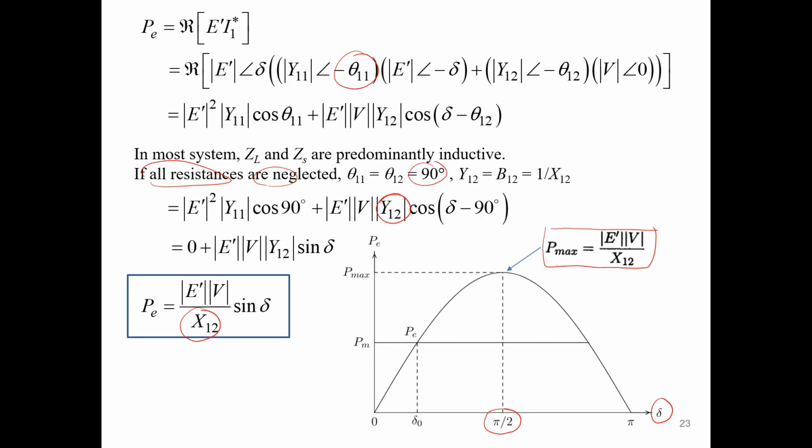Meaning that you try to insert additional power, but you get less electrical power output. If you increase the delta beyond this point, you push harder but you get less. That's why it is not stable, it is unstable. So this is what we call the stability limit.